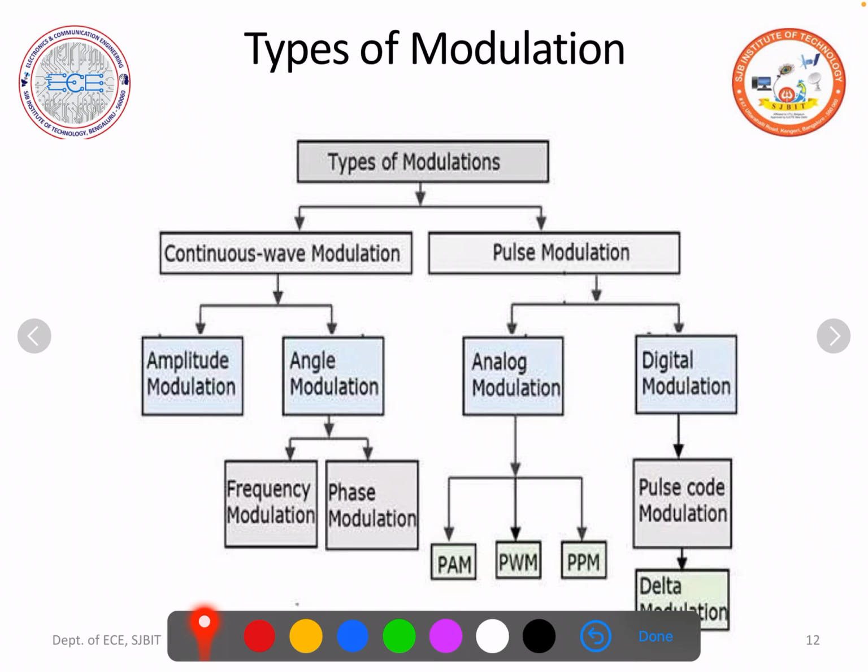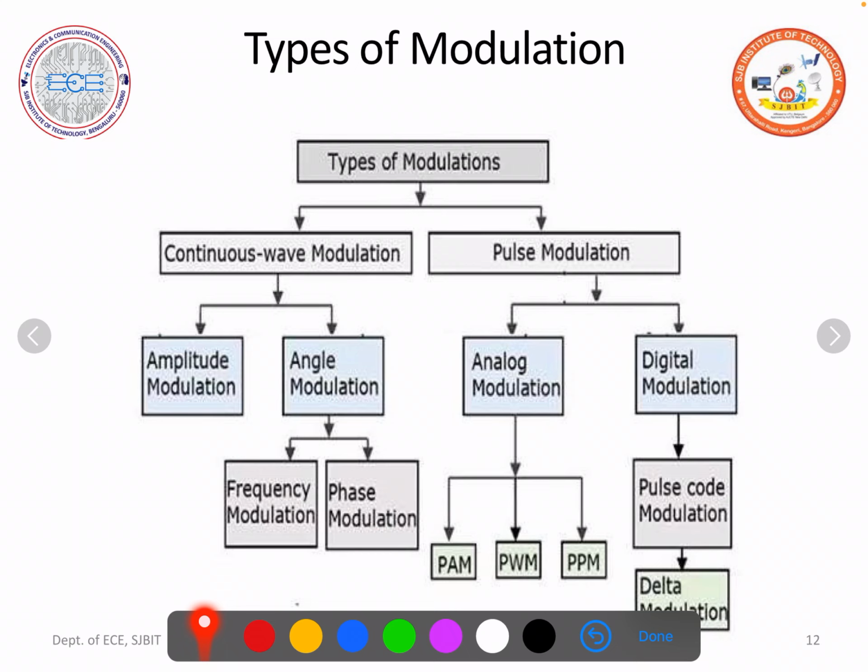Here we have two things: one is amplitude modulation, another one is angle modulation. Amplitude modulation is a technique where the amplitude of the carrier is varied, and in angle modulation the frequency and phase are varied. Angle modulation is again broadly classified into frequency modulation and phase modulation.